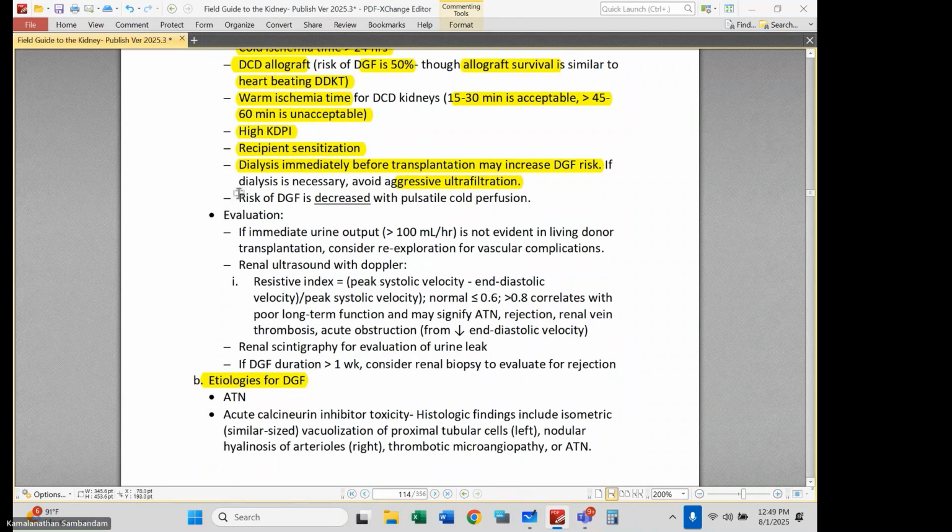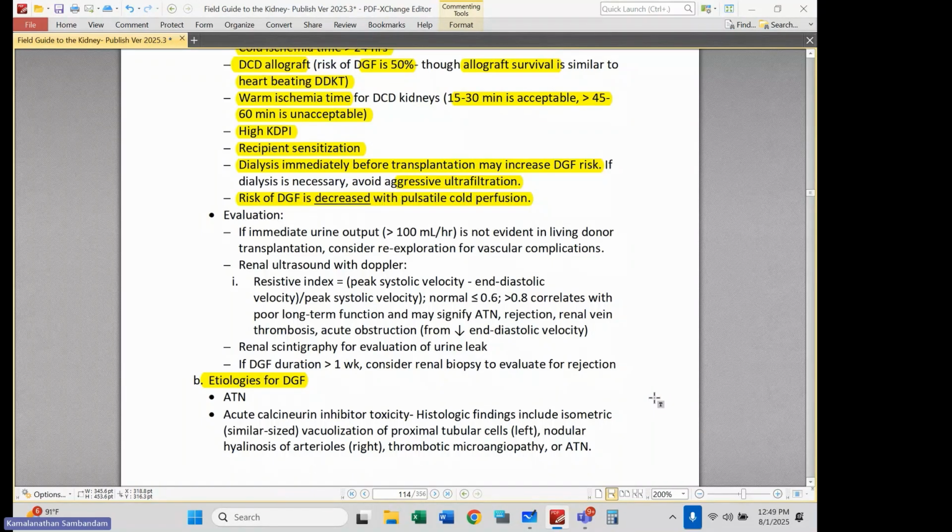Okay. There is a decrease in DGF in donor kidneys that are put on the pump. Okay, they're taken out of the donor and they're actually put in a machine instead of you just flushing with cold preservative solution and putting it on ice.